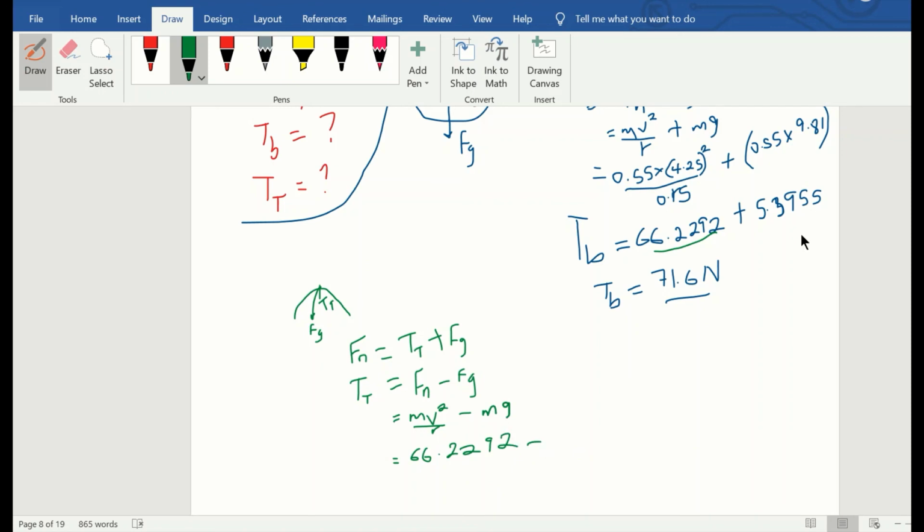Our mg is the same as 5.3955 because it's the same value. So when you subtract 5.3955 from 66.2292, we get approximately 60.8 Newton. So you can see that the tension at the top is less than the tension at the bottom. So that tells us again that the tension at the bottom is always greater than the tension at the top.